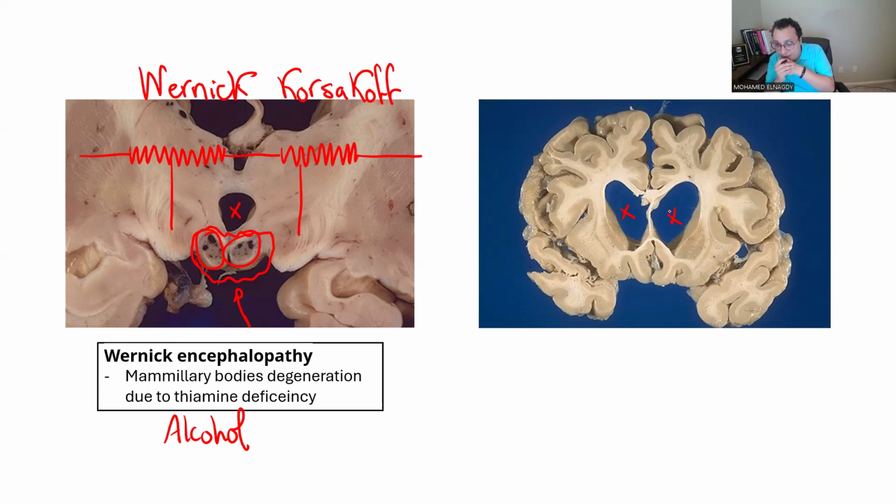When you look at the brain tissue here, you see the sulci. Yeah, the sulci and gyri. See, the sulci and gyri are getting so prominent. This is part of the degenerative disease.